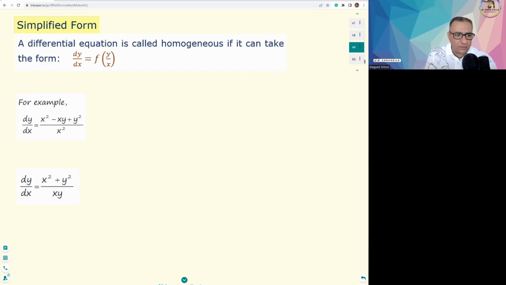So we have here, okay, dy by dx on the left hand side is already there, but on the right hand side, I can rewrite this as dy by dx is equal to, actually I can split, if you have negative and positive in the numerator, you can split, right? So you can say, okay, this is x squared over x squared minus xy over x squared plus y squared over x squared, right?